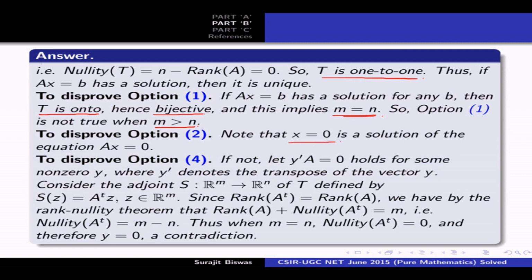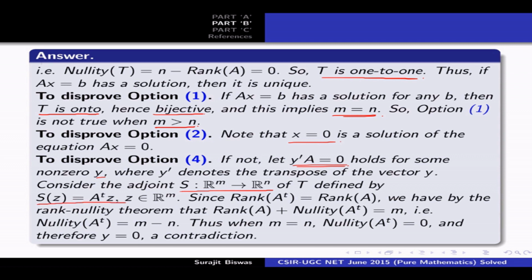And to disprove option 4, if not, let y' A equal to 0 hold for some non-zero y, where y' denotes the transpose of the vector y. Then taking transpose, we have A transpose times y equal to 0. This hints us to consider the adjoint S from Rm to Rn of T defined by S(z) equal to A transpose z.